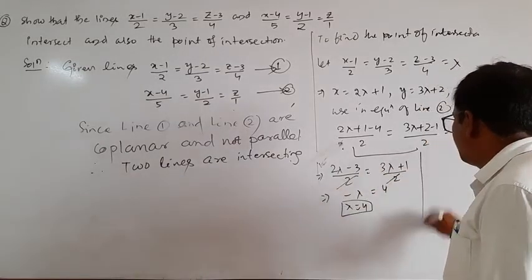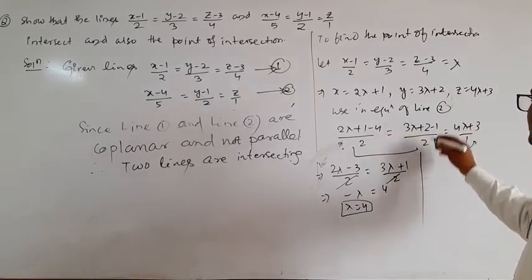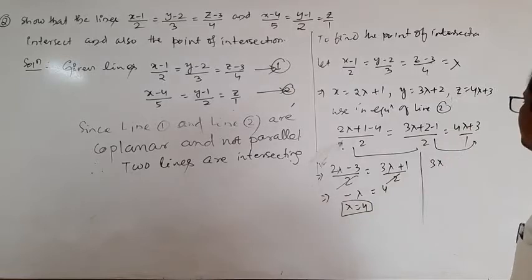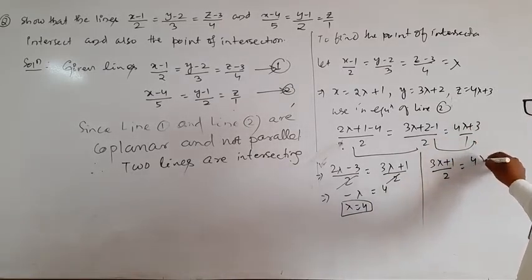Again taking these two: (3 lambda plus 1)/2 is equal to 4 lambda plus 3.